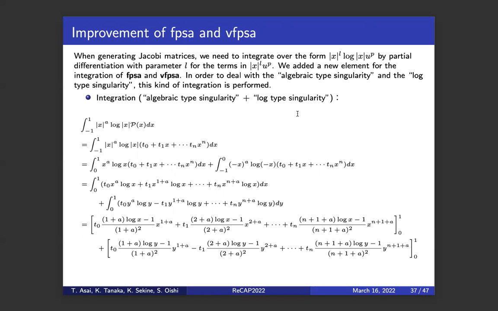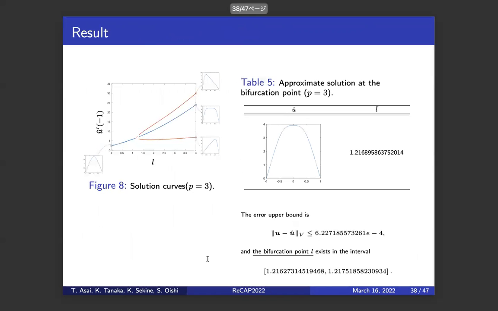And the integration is performed like that. Okay, and this is a result. We got the approximate bifurcation point L hat like that, and the error bound is evaluated like that. So the true bifurcation point L exists in the interval like this. So like that, the red point, the bifurcation point, is verified.